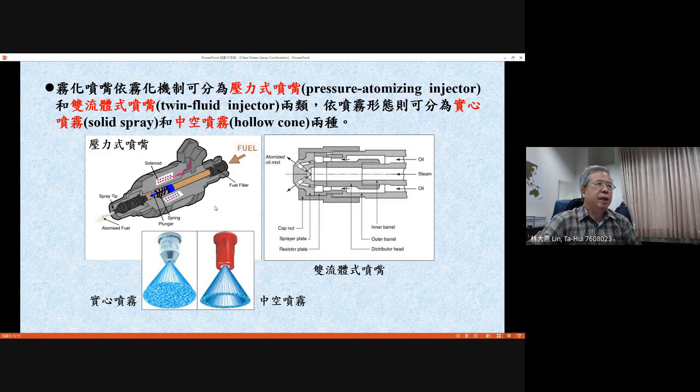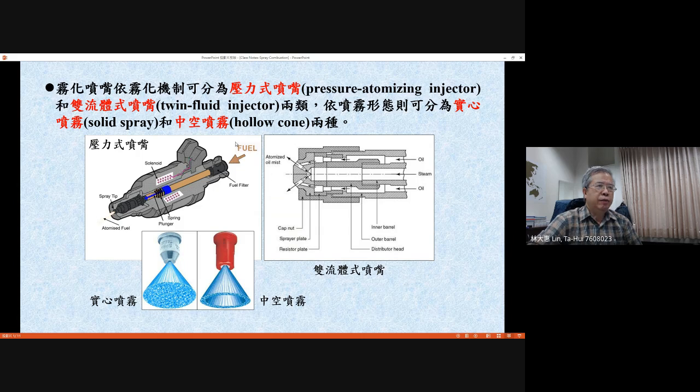You can see there is the plunger, and this plunger is basically controlled by the spring. This spring has some spring force to keep your plunger closed to the supply of liquid. You require a large force to push your spring to have a displacement and let the fuel flow into the piping, then they will inject out.